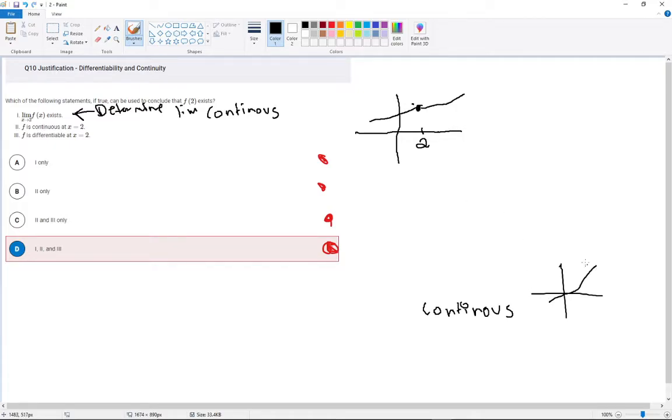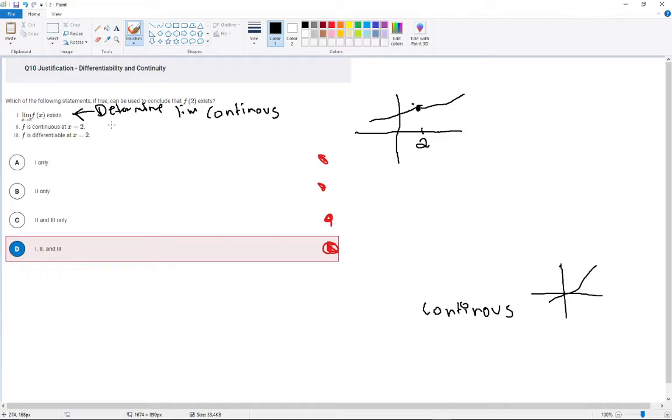Based on that, we cannot use this statement because it merely defines continuity. But option number two, f is continuous at x equals 2. Yes, we can conclude that, because as we said again, f(2) must exist. So there should not be an open point at that x value. That means it has to exist.